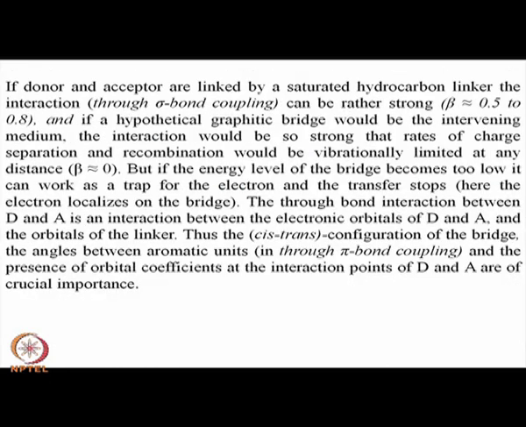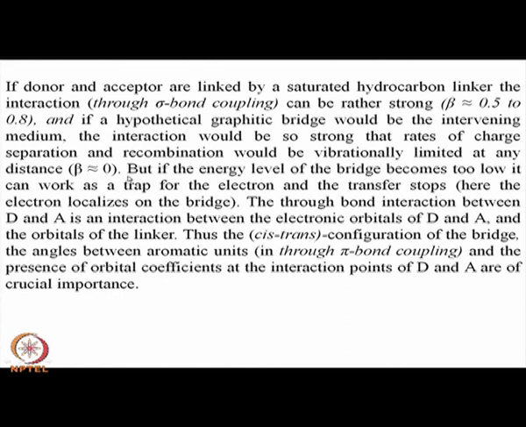So, if donor and acceptor are linked by a saturated hydrocarbon linker, the interaction through sigma bond coupling occurs and can be rather strong. Beta is nearly 0.5 to 0.8, and if a hypothetical graphite bridge is the intervening medium, the interaction would be so strong that the rate of charge separation and recombination would be vibrationally limited at any distance, beta equal to 0.